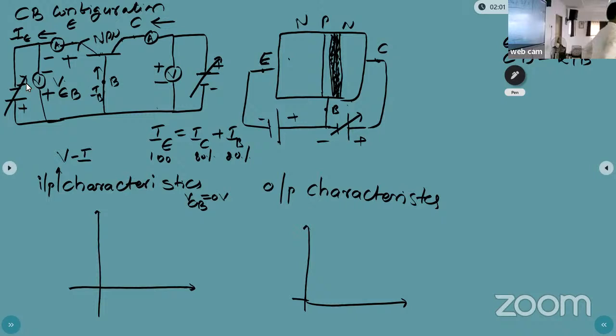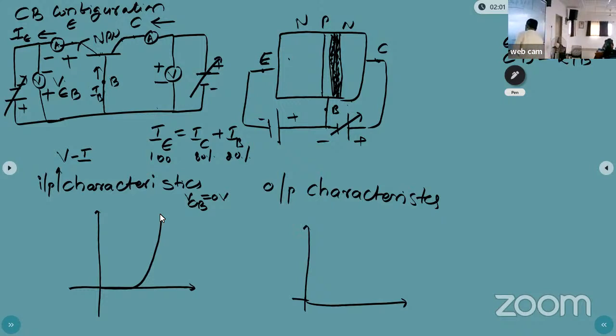the input bias voltage. What happens then? Input bias voltage means between which terminals? Emitter and base. Now the emitter base junction is forward bias or reverse bias? Forward bias. So that is the same as a PN junction diode. We are keeping the collector base voltage constant, so this junction acts as a PN junction diode under forward bias, and we get the same characteristics.